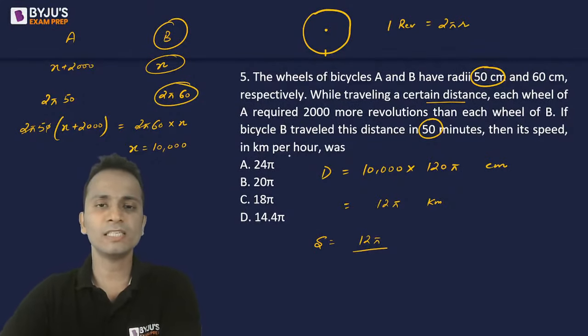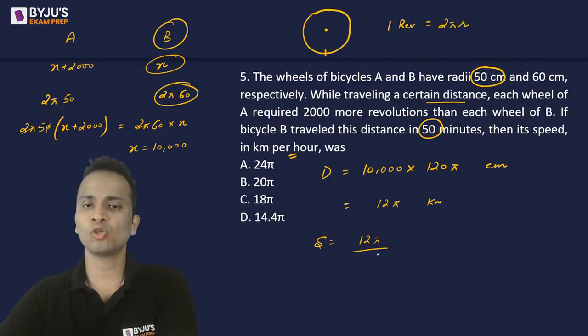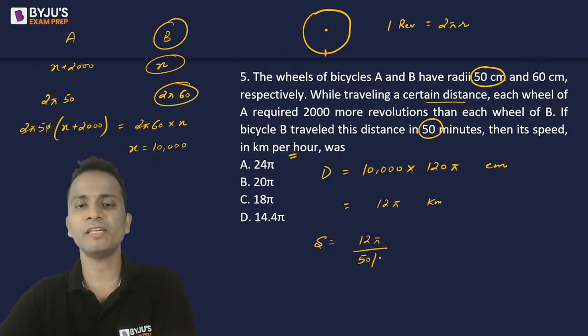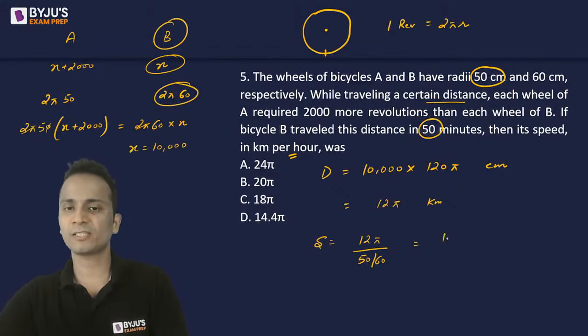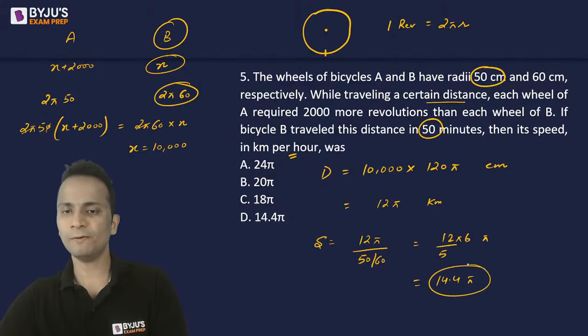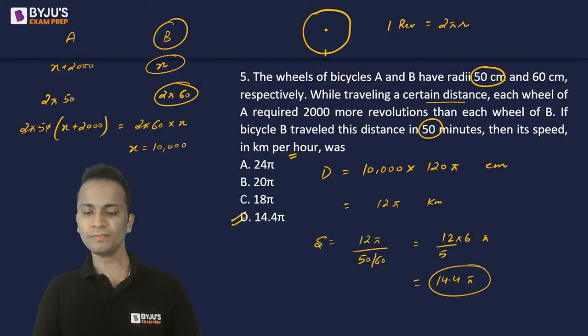Now since I need speed in terms of kilometer per hour, I'll write it as 50 divided by 60. I'll convert minutes into the number of hours. Okay, right? So 12 pi divided by 5 by 6. So 12 divided by 5 into 6 pi, so that will come out to be 14.4 pi. Okay. So 14.4 pi, that is option D, is the correct answer.